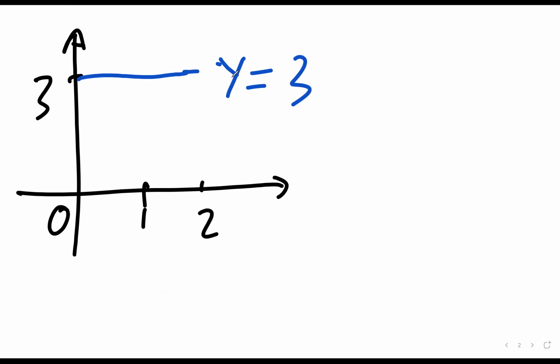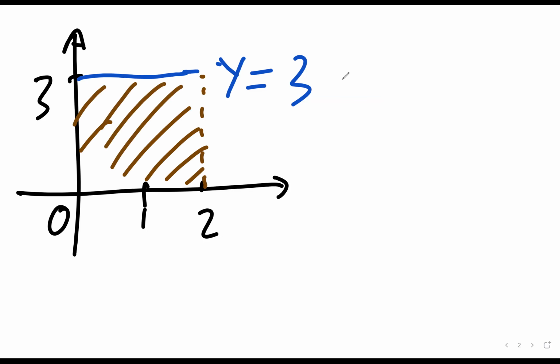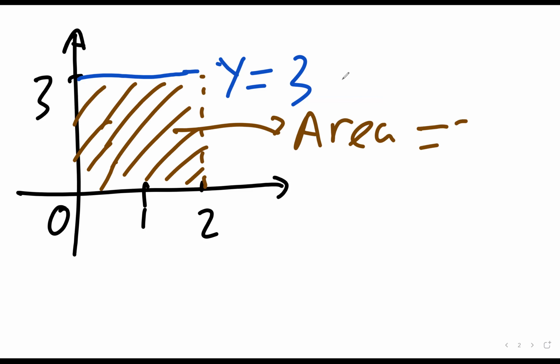If we consider the area under the curve, I mean the graph of the constant function, this is simply the area of a rectangle. So the area will be simply 2 multiplied by 3 equals 6. So this is the case of a constant function.